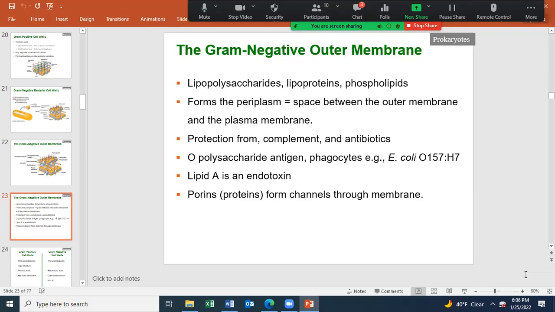So if the patient ever is exposed to gram-negative cells with the cell wall, you're going to be exposed to an endotoxin. And then the gram-negative outer membrane has porin proteins that allow molecules to enter and leave the outer membrane of the cell wall.